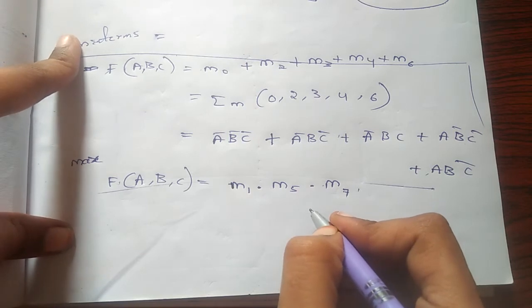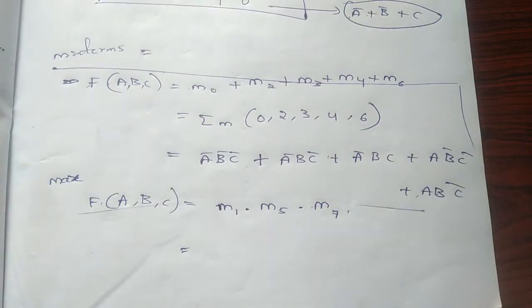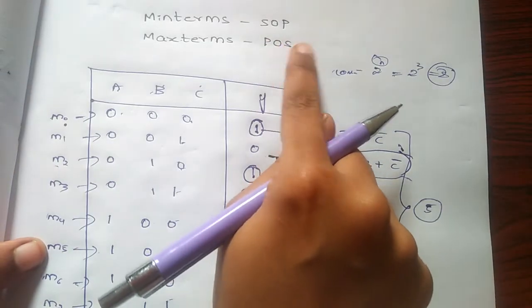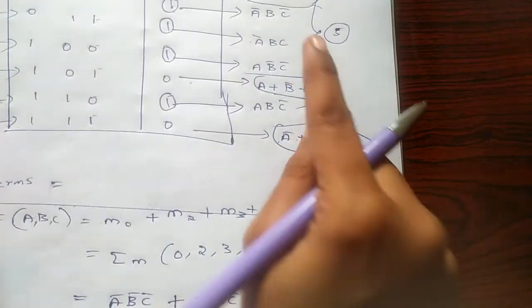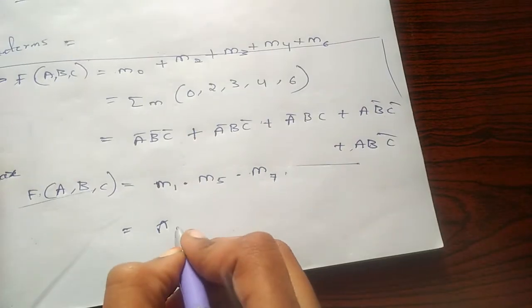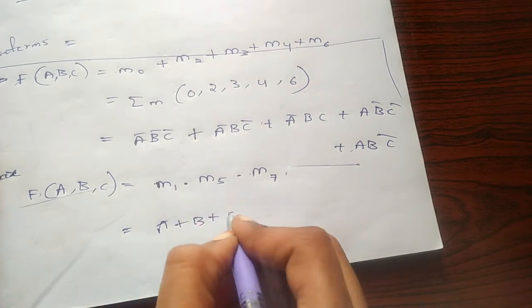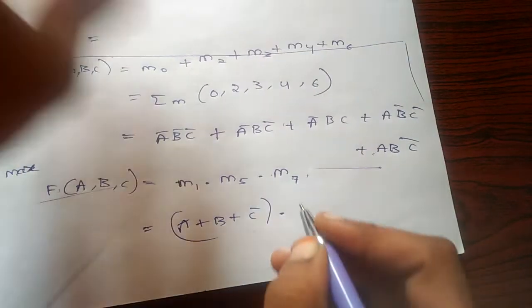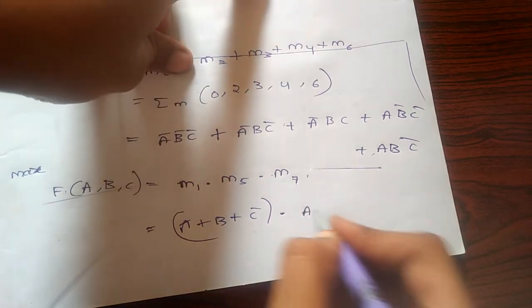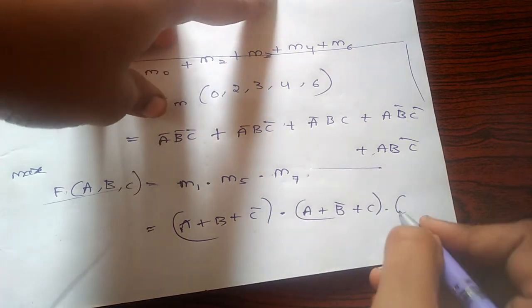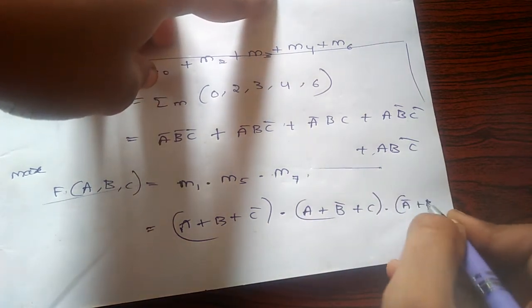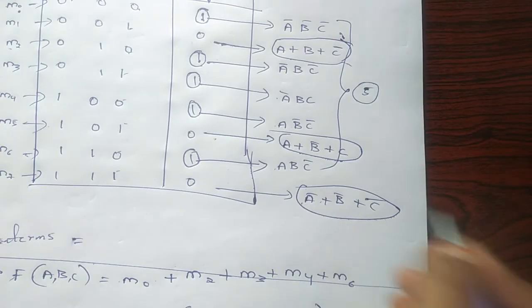I told you it is product of sum. So we have the sum form. Now we have to take the product of that. So A plus B plus C bar into A plus B bar plus C into A bar plus B bar plus C bar.